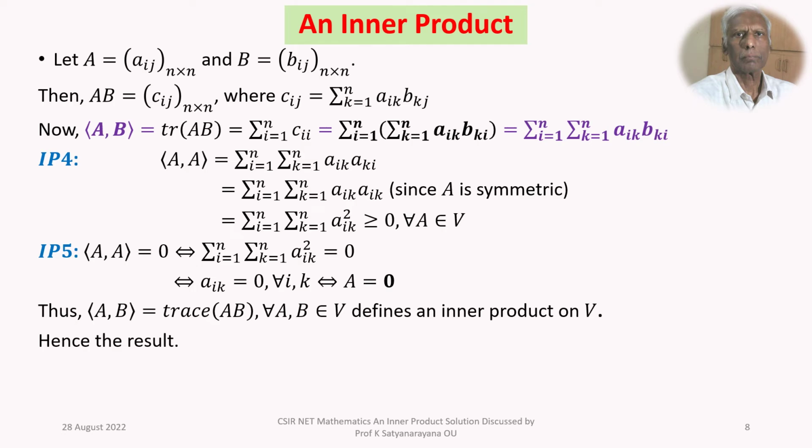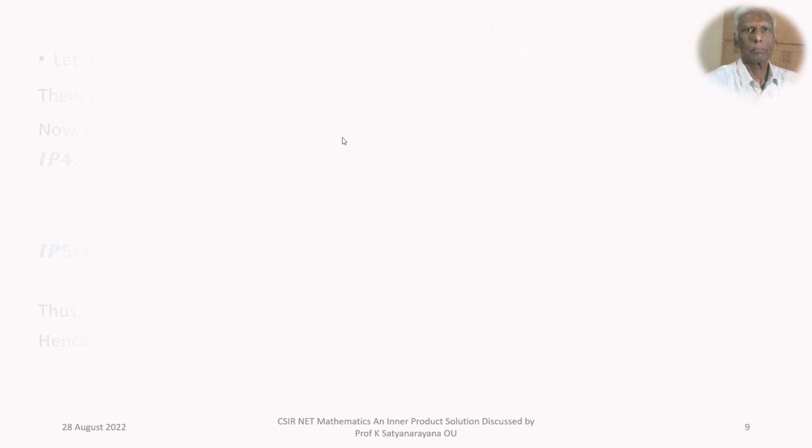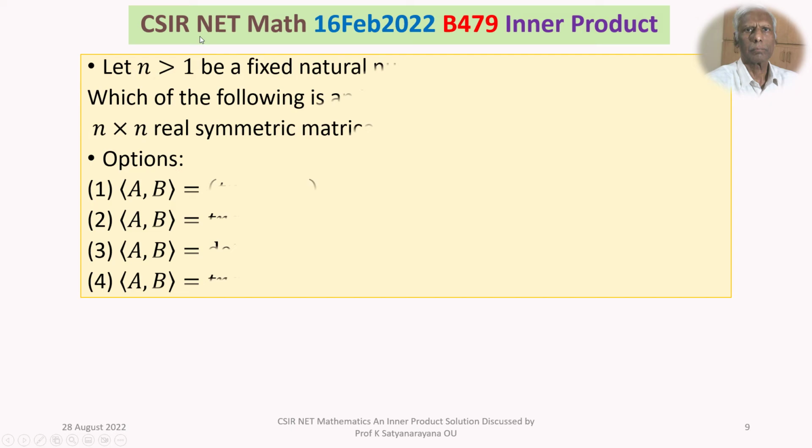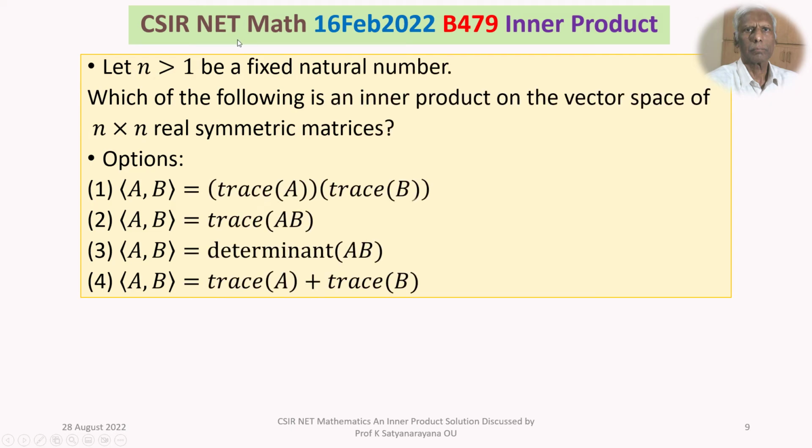For instance, there is one question that appeared in the CSIR National Eligibility Test Mathematics on 16th February 2022, from Section B, wherein you are given 4 options.